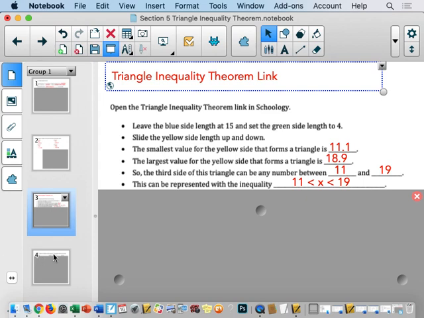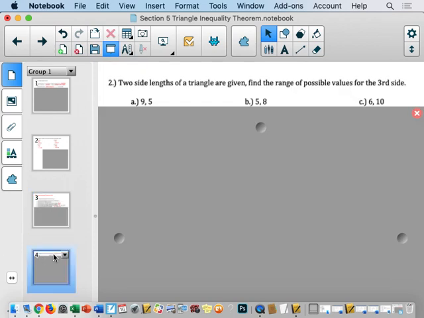Going back to our notes, let's have a couple more examples. Turn the page in your packet. On example 2, we have side lengths of 9 and 5. What's the range of values for the third side? What do I need to do with the 9 and 5?